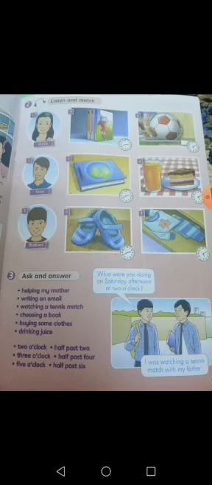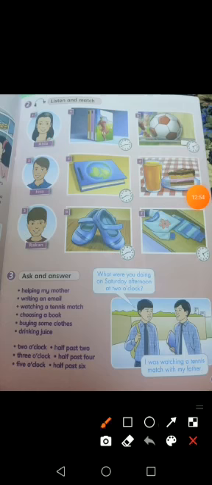Okay, student, here we have the fourth question to Abla. So the girl here asked Abla, what were you doing on Saturday afternoon at 10 past 5? 10 past 5. Can you see? 10 past 5. So Abla answered, at 10 past 5, I was in the clothes shop with my mom.